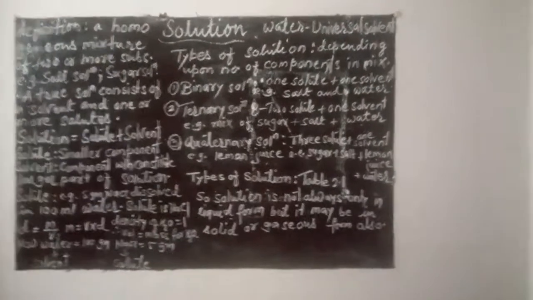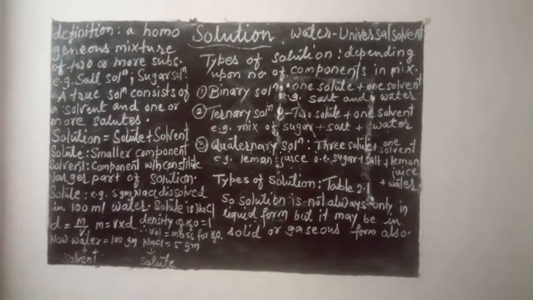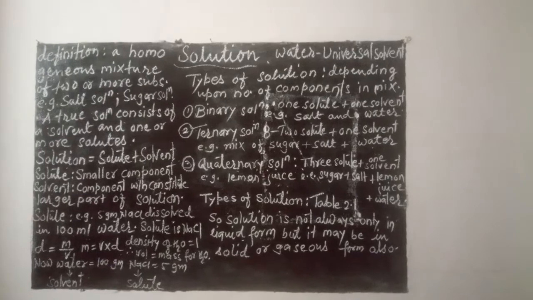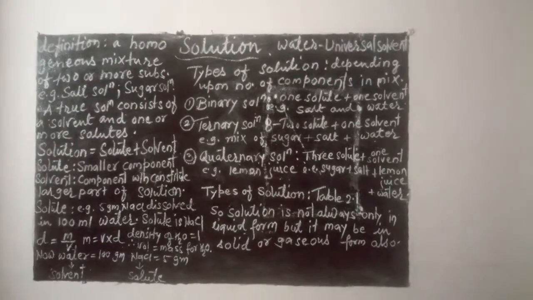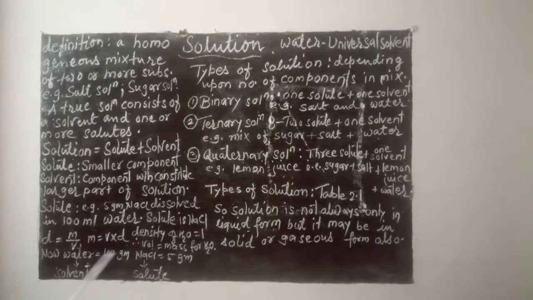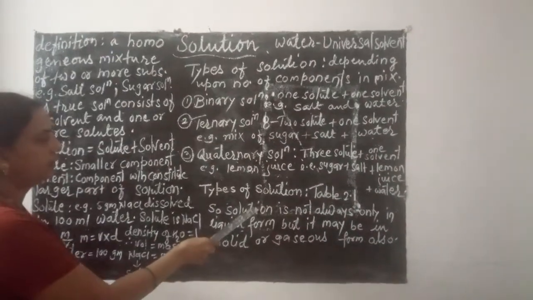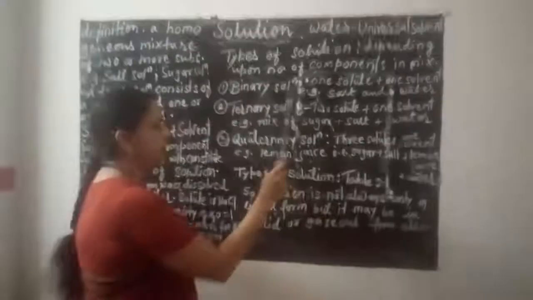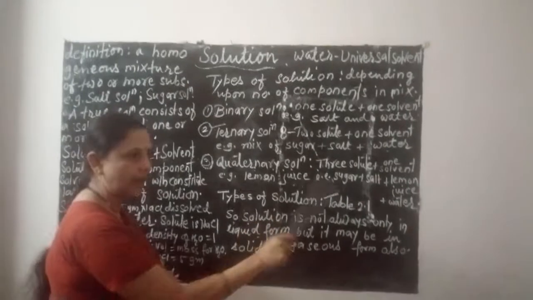In air, non-reacting gases are present in the homogeneous form. Therefore, gas in gas, that is solute and solvent, both are in the gaseous form. So you have to study. There are 3 types of solution: solid in solid, solid in liquid, solid in gas.